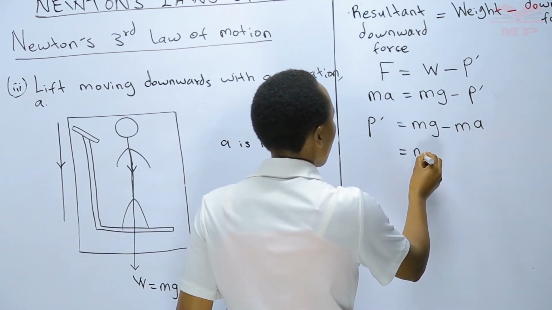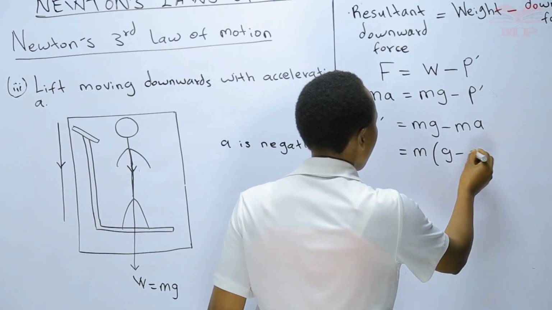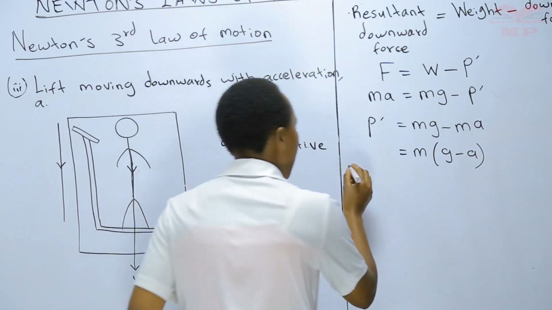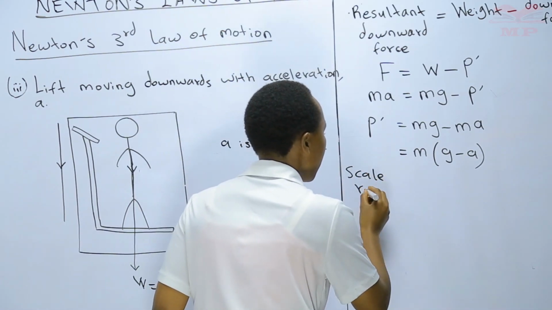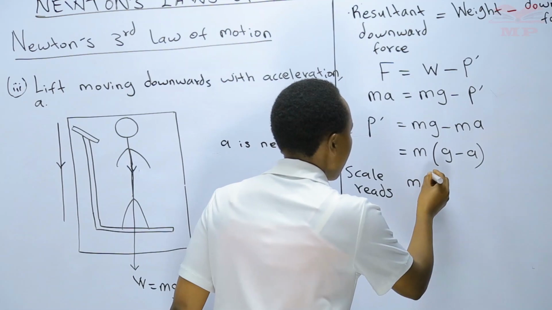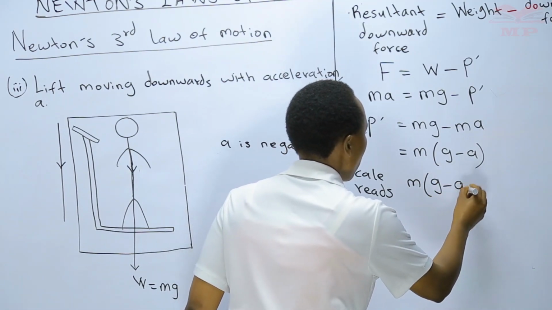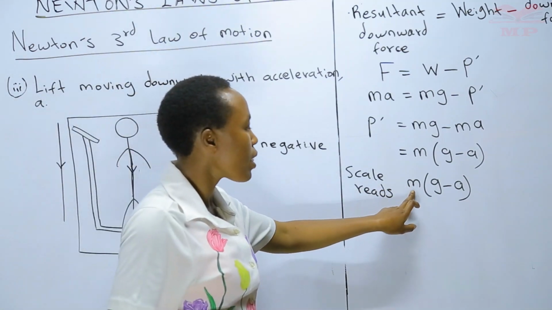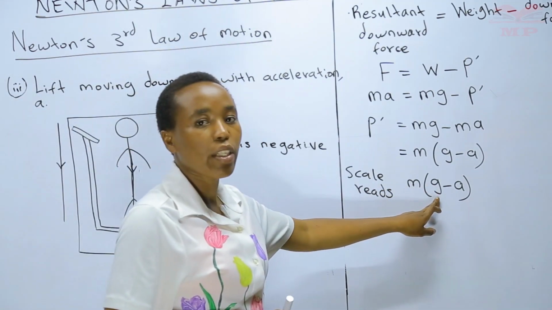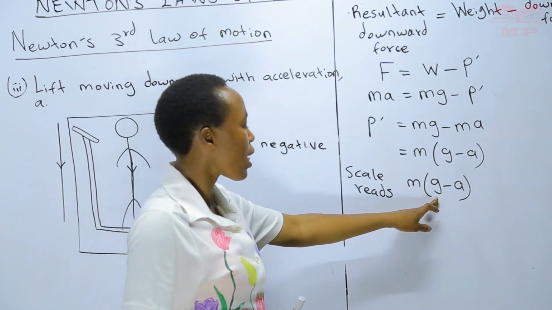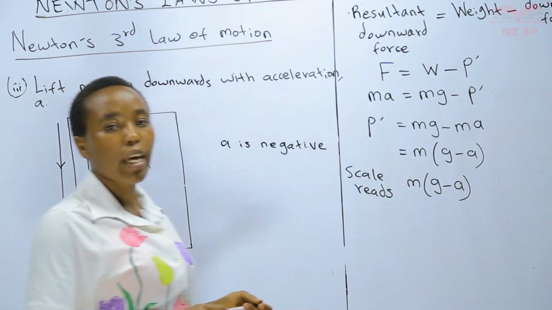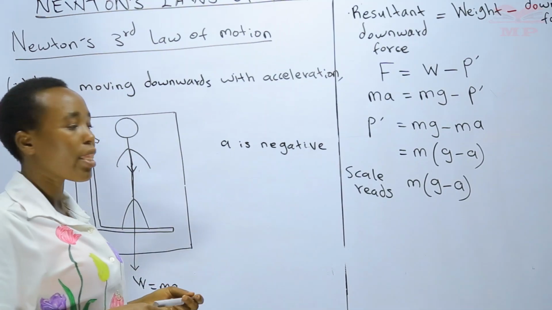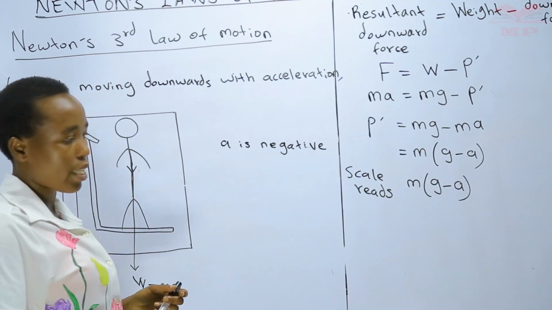And therefore we factor out m, we get m(g minus a). And therefore when the lift is moving downwards, the scale reads mass multiplied by gravitational force minus the acceleration. Again, m is the mass in kilograms, g is the gravitational force in meters per square seconds, and a is the acceleration again in meters per square seconds. So that will be the reading on the scale when the lift is moving downwards.